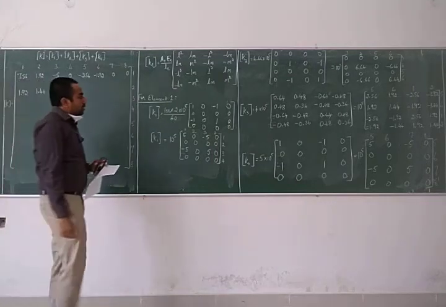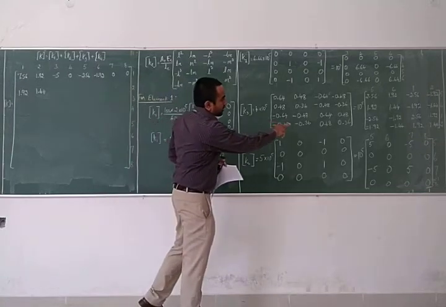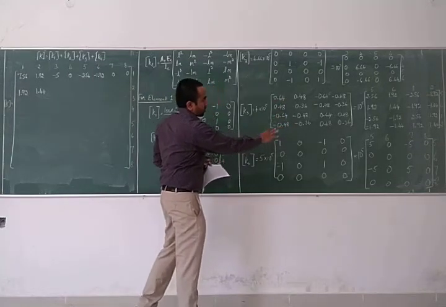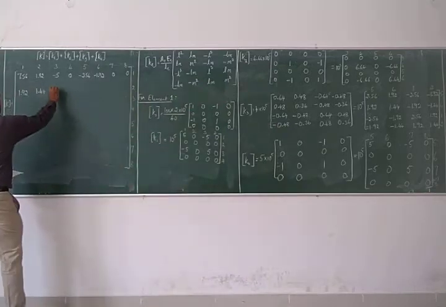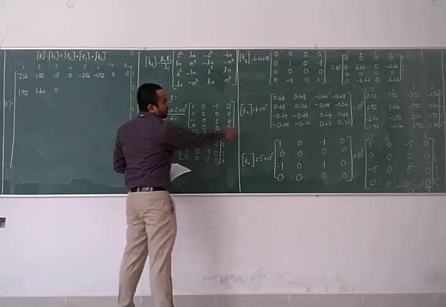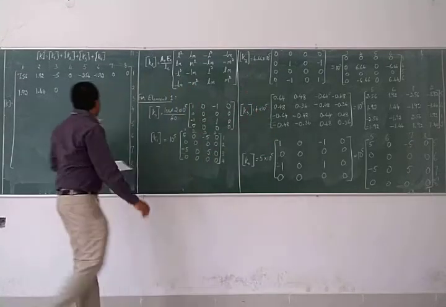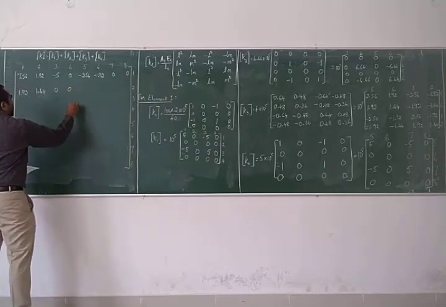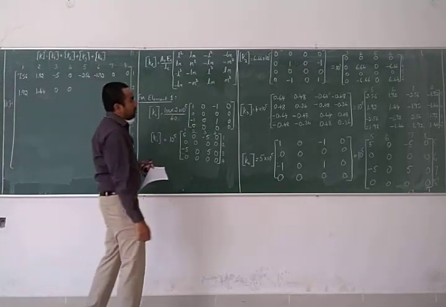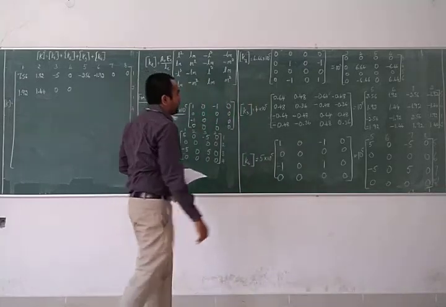Now third column, second row is 0. Any other term pertaining to third column, second row? There is no other term, so it is 0. Fourth column, second row element is 0. There is no other term relating to fourth column and second row, so it is 0 again. Now fifth column, second row.